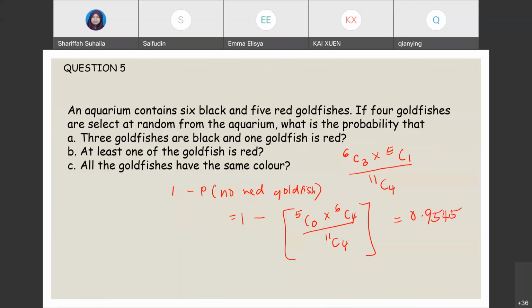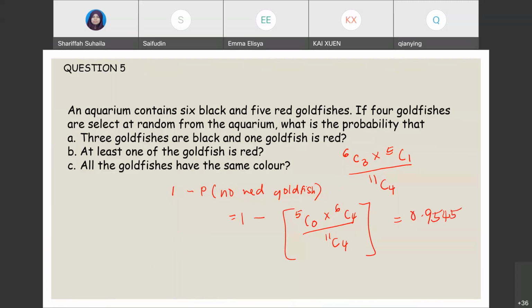Okay, the last one, all the goldfish have the same color. So all the goldfish will have the same color. So your answer should be 0.0606. Okay, 0.0606.